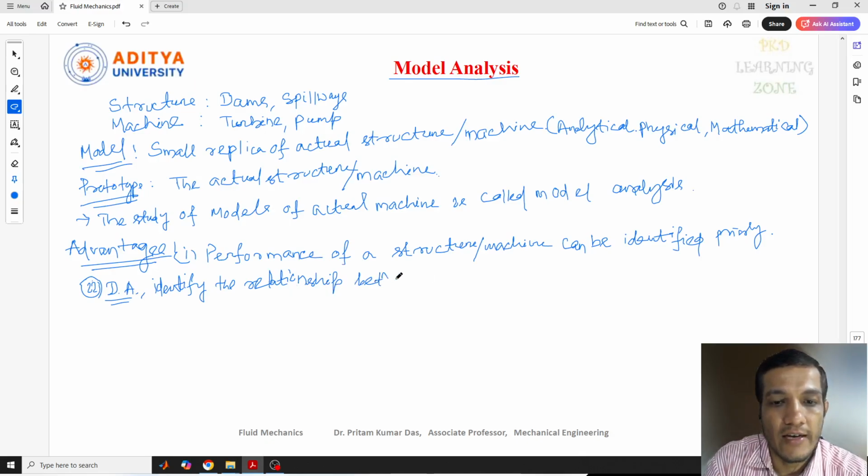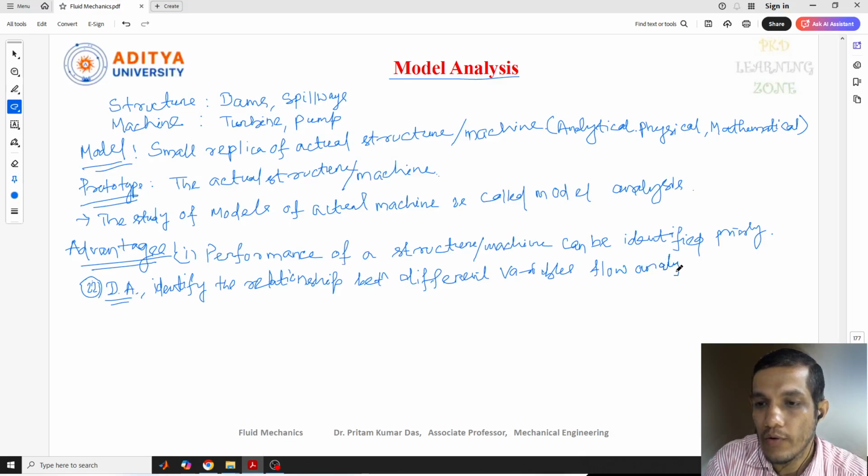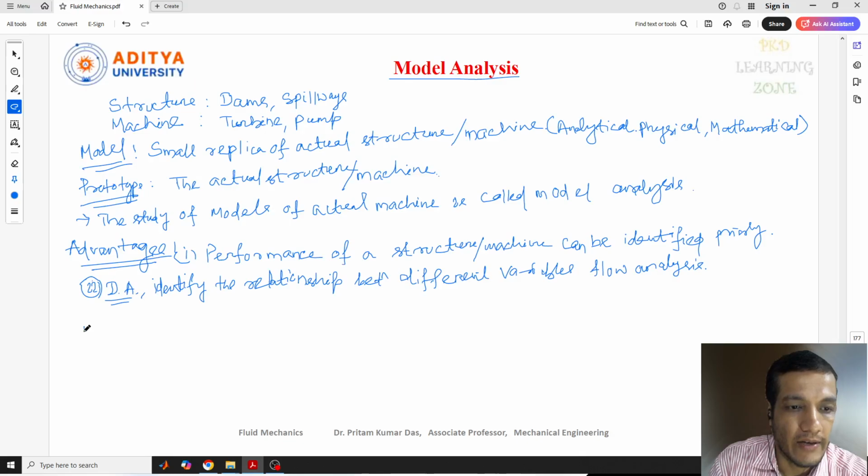So we can identify the relationship between different variables involved in the flow analysis, or any kind of concept. If you consider what variables are involved, we can identify that. So the relationship can also be tested for the model. This is one more advantage.